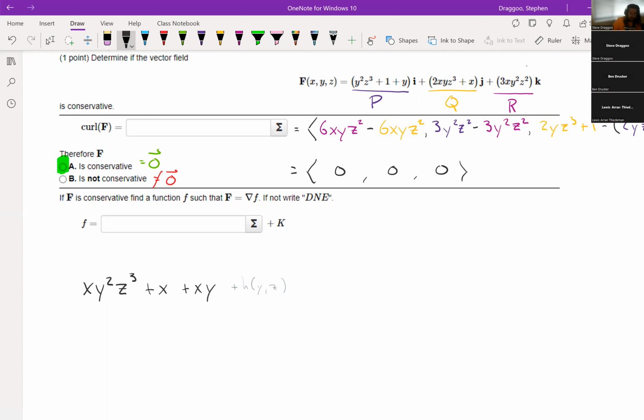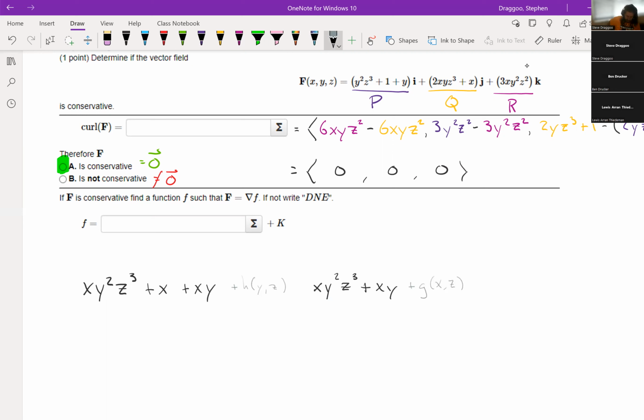So we do a y integral, and we'll get 2xy squared z cubed over 2, which I'll simplify to xy squared z cubed plus xy. And then in addition to those terms, there could be some other function that depends only on x and z, where all of the terms in that extra function would get lost when we did a y partial.